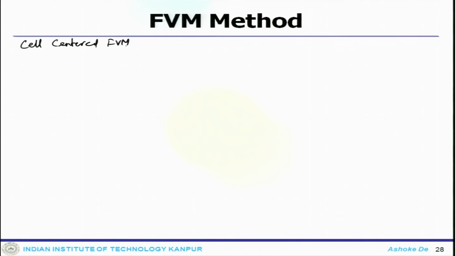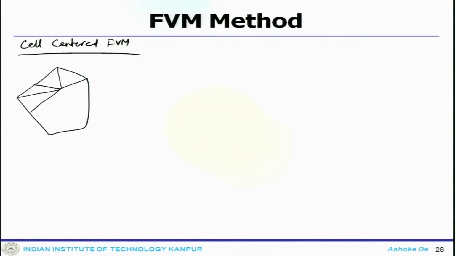compared to the vertex center. So, similarly, if you look at your arrangements, so here the arrangement would be completely different. Here you store at the cell center. So, values are stored at the cell center. Okay. So, you have storage requirement is less.